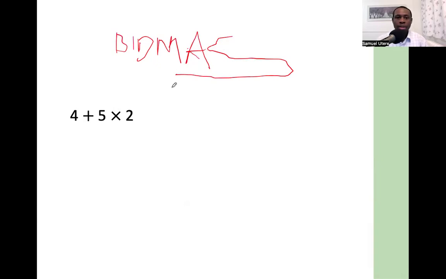But something you need to know is when we have things mixed up, let's say division and multiplication together, they have similar order of priority. And then same with addition and subtraction. They have similar order of priority.